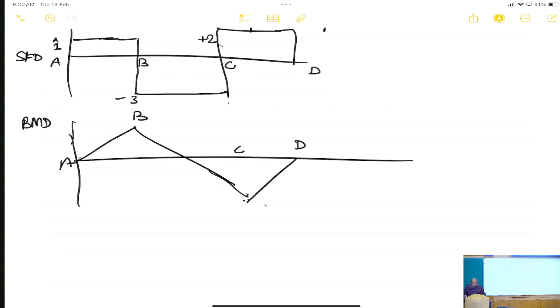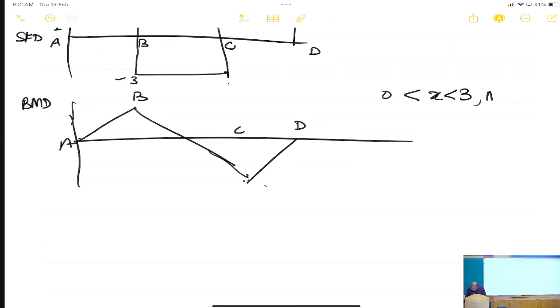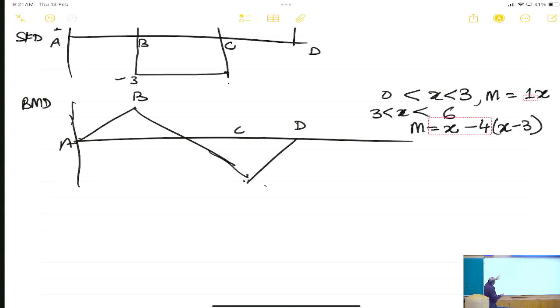And for 0 less than x less than 3, M is equal to 1x. See again, while writing this, I have first drawn the diagram.